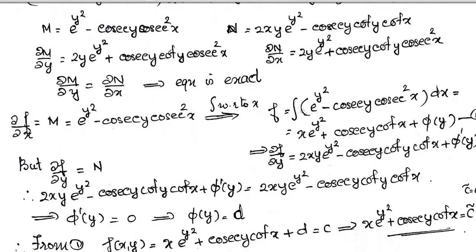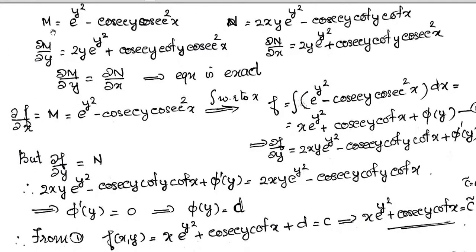Now our aim is to find f. We denote M in another form, dou f by dou x. So M is dou f by dou x, which is equal to e raised to y square minus cosec y cosec square x. For getting f, we need integration with respect to x. Integrating, f is equal to the integral of this quantity with respect to x.